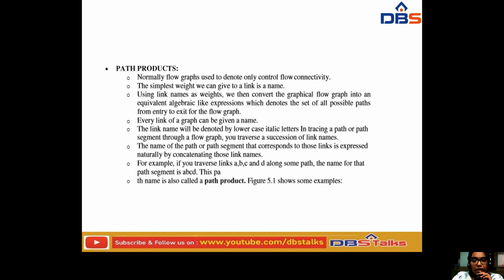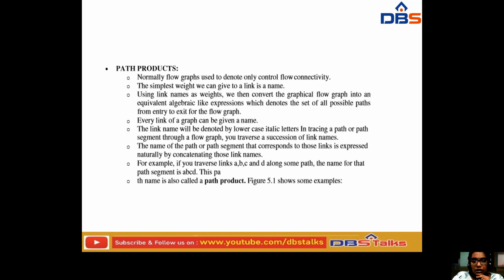Naturally, by concatenating these link names, for example, if we want to traverse the links A, B, C and D along the same path, the name for that path segment is ABCD. The name is also called a path product.